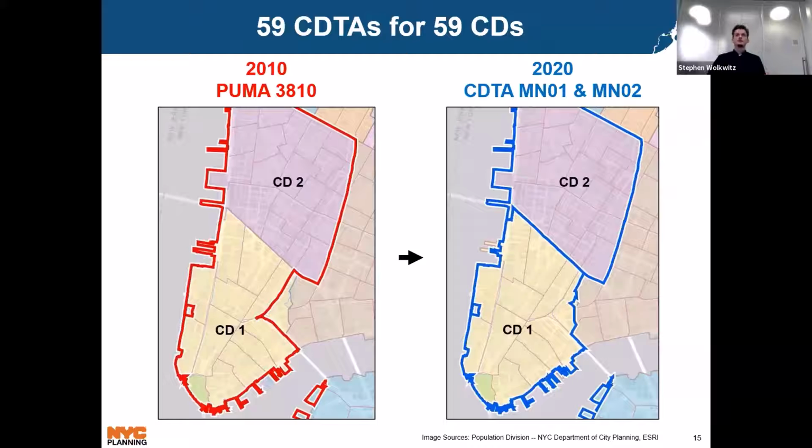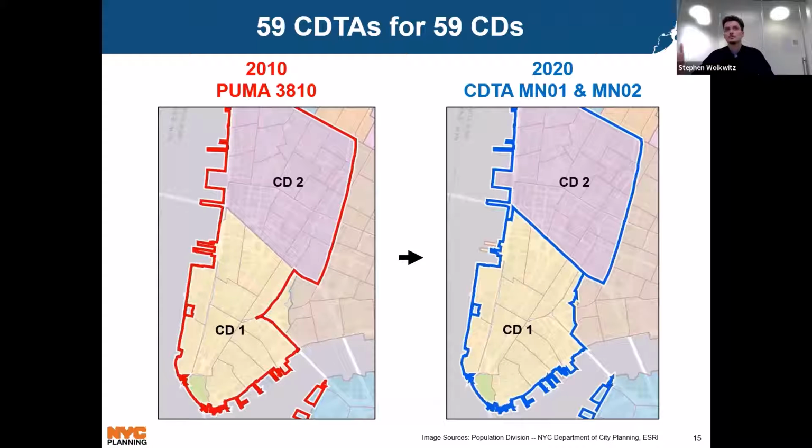Now, we have, as I said, 59 CDTAs for 59 CDs instead of the 55 Pumas that you had. So that allows us to better deal with situations like CDs 1 and 2 in lower Manhattan, which both had too small of a population to stand alone as Pumas. Well, now using CDTAs, we were able to represent them separately.